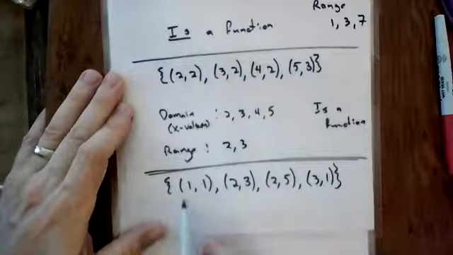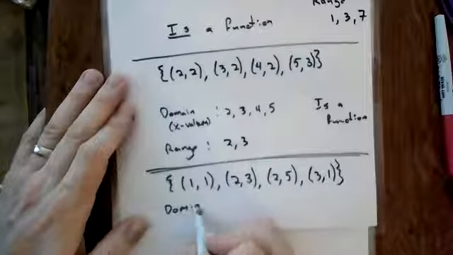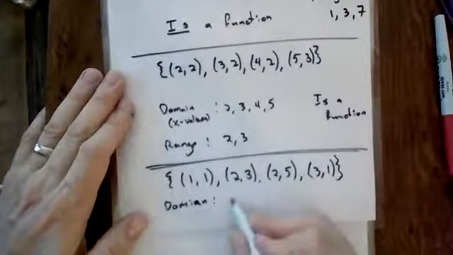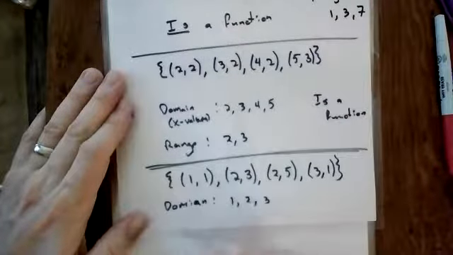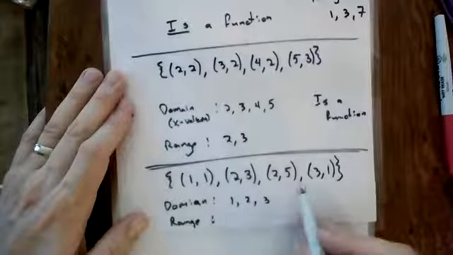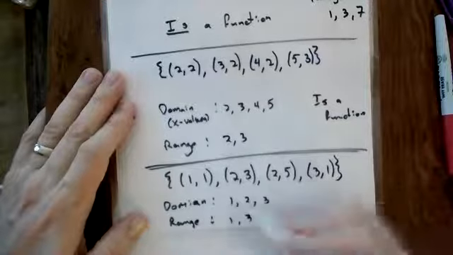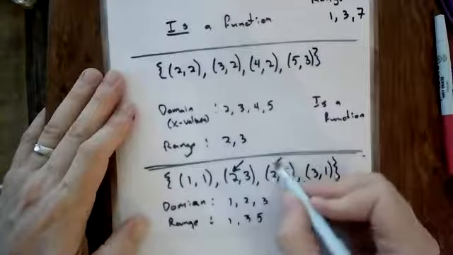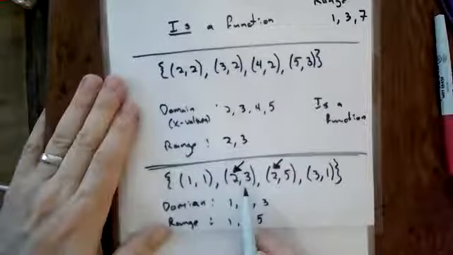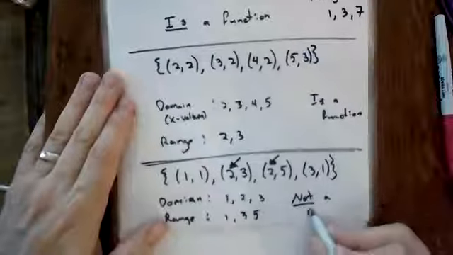Here, my domain is still my x values: 1, 2, and 3. My range is 1, 3, and 5. But because I've listed 2 twice, if I enter a 2, I could get out either a 3 or a 5. This is not a function.